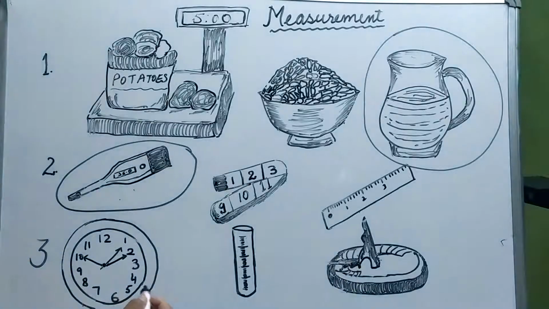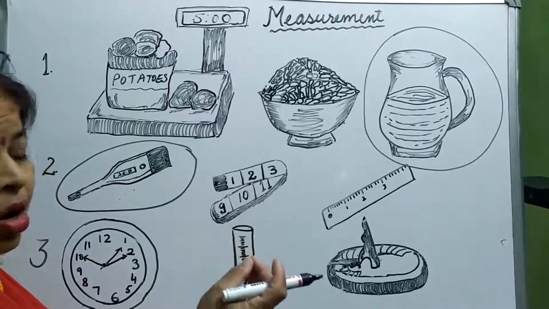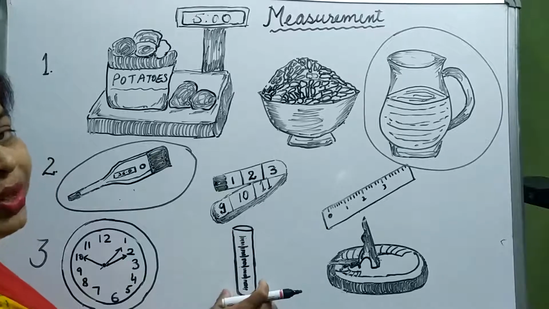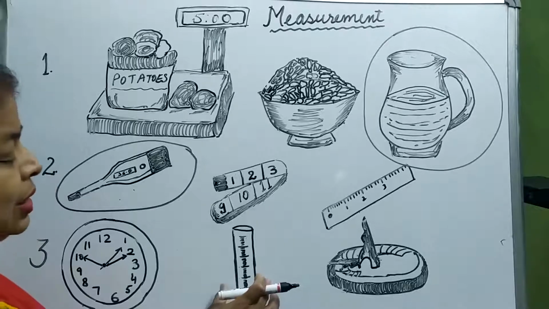So now just think about it: out of these three, which one is the odd one? This is used to measure time. Nowadays we use clocks and digital watches. This is used to measure a small amount of liquid substance. So this is a graduated test tube.